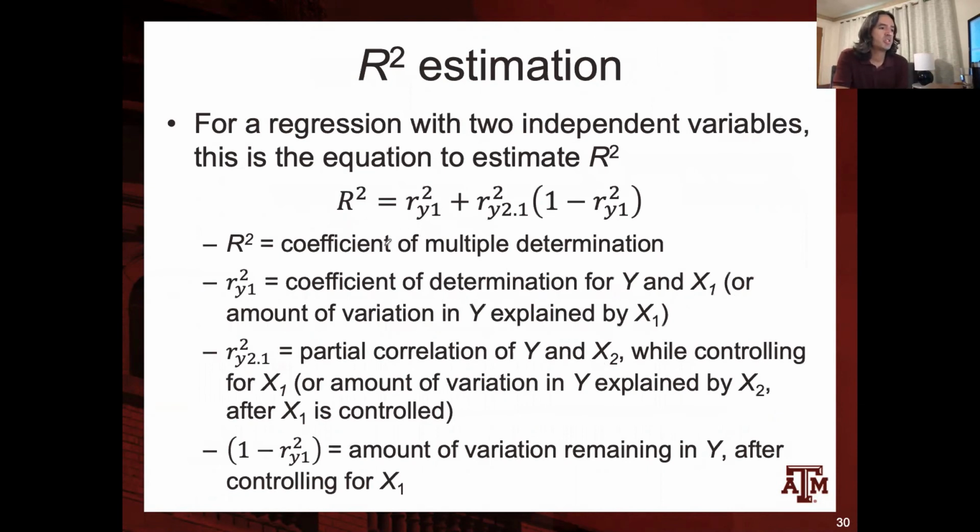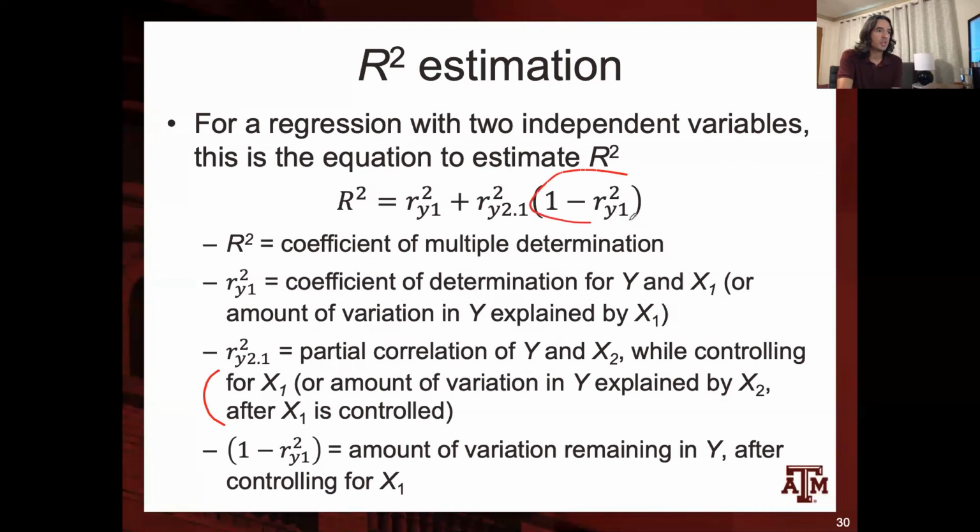So we pretty much estimate it by using the coefficient of determination for Y and X1, or the amount of variation in Y explained by X1, plus the amount of variation in Y explained by X2 after controlling for X1. I'm just getting this from here. That is multiplied by 1 minus the amount of variation in Y explained by X1.